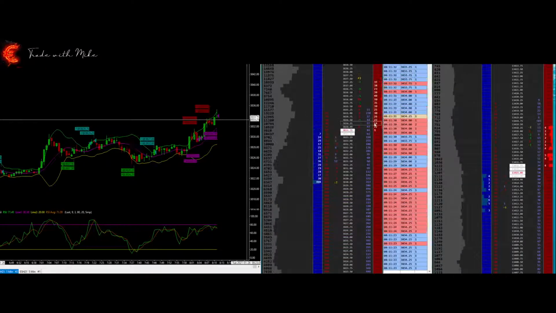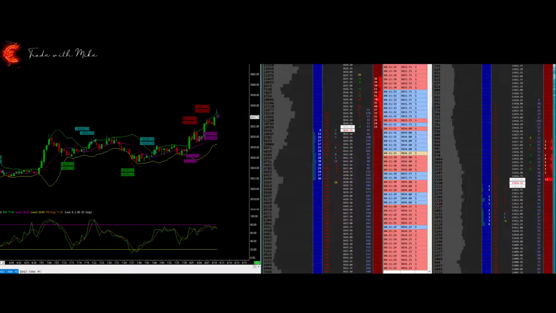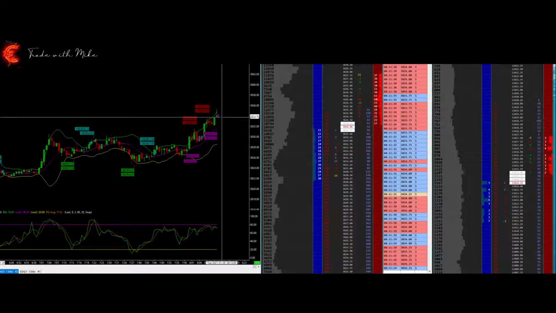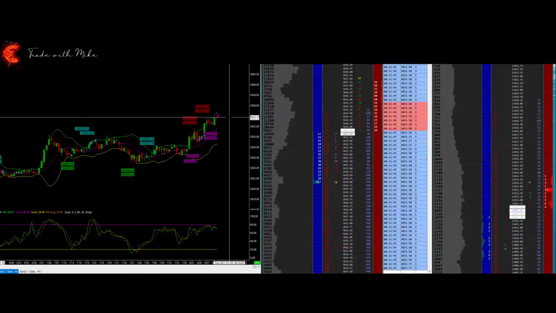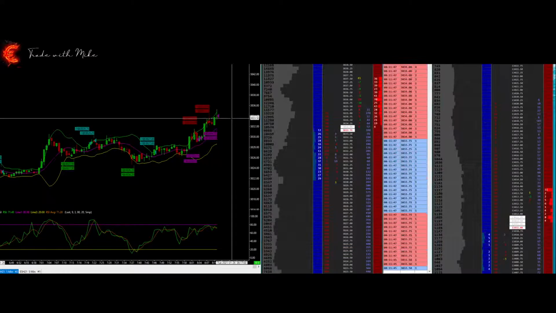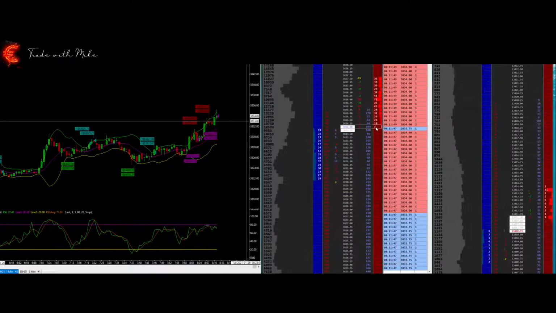Let's see how the candle will close. If it closes like here, for example, the 33.75 or like that, then I might go short again.